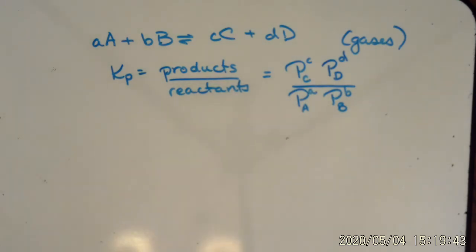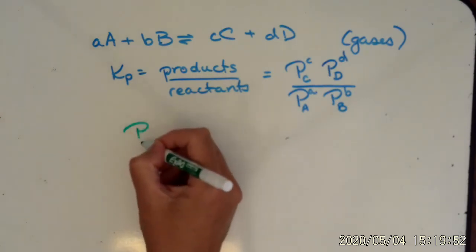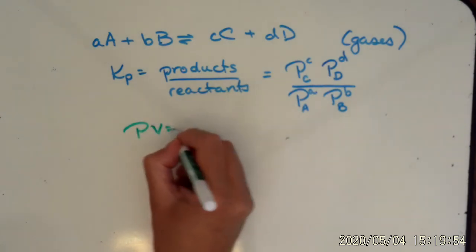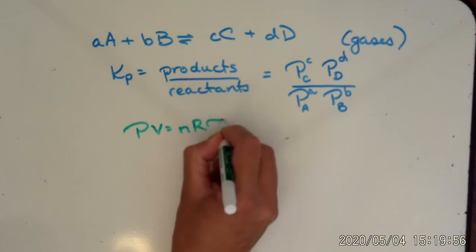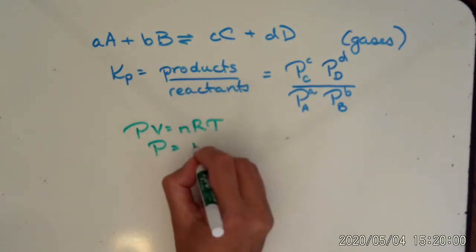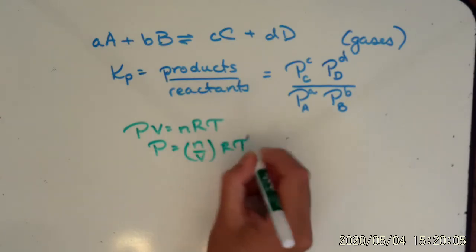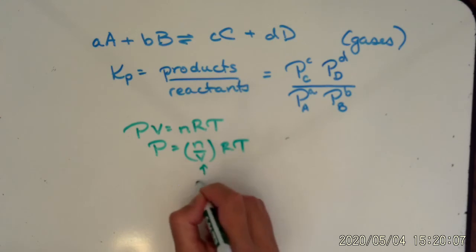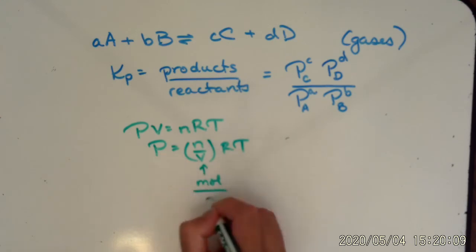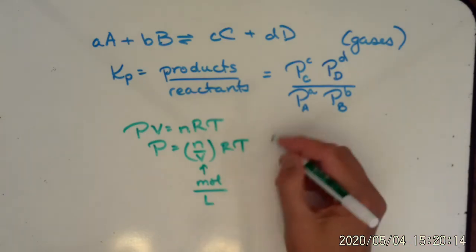Now let's go through and take a look. We know that pressure times volume is equal to nRT. So I can say that my pressure is equal to n over V times RT. This is moles per liter. That's concentration.